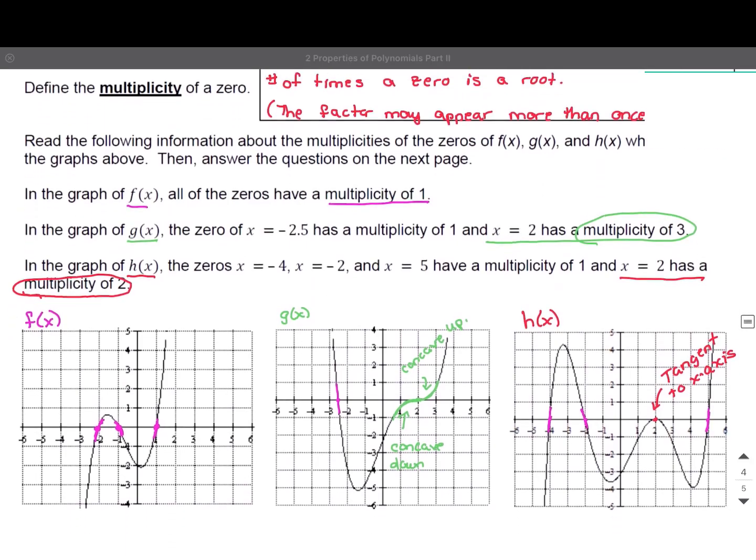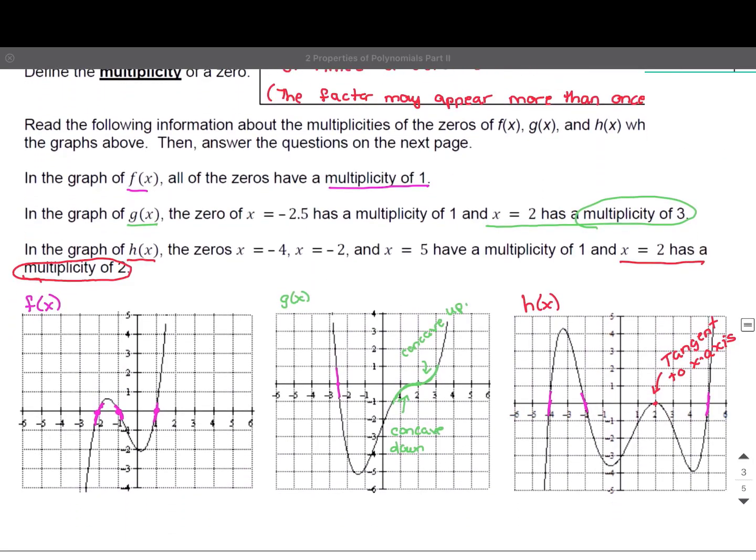For instance, if we go back here, remember, this was a third degree polynomial. 1, 2, 3 adds to 3. This one was a fourth degree polynomial. This was a root of multiplicity 3. This was a root of multiplicity 1. 1 plus 3, that gives us 4.